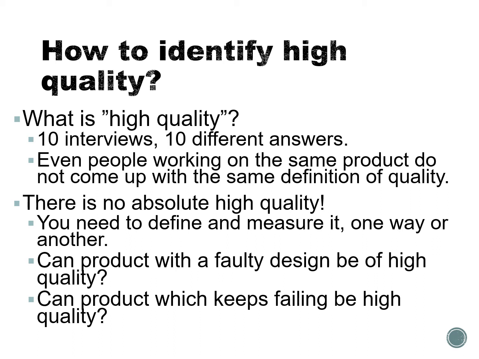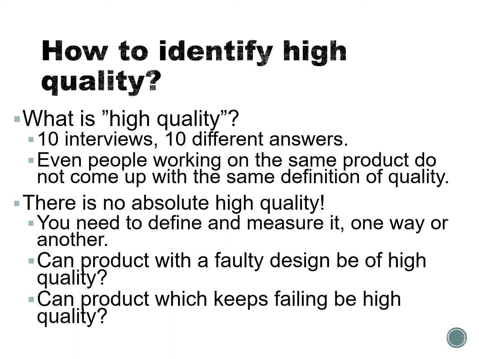The person doing software systems development, programming, has their own set of priorities. The person doing the user interface design has their own priorities, and the person running the project has their own priorities. And they don't have the same definition of high quality. So it of course means that there is no absolute high quality.